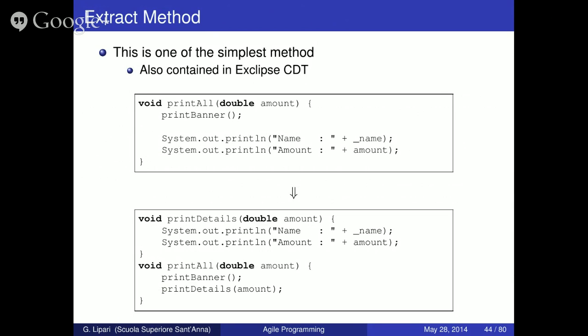So the idea is that if you have one print all method that does a print banner and then does this System.out.println of name plus name and amount, you want to extract the two printing statements into a different function, and so you transform the code up into the code down, in which you have two functions, print details and print all calls print details by passing amount as a parameter, while name is an internal member data of the class.